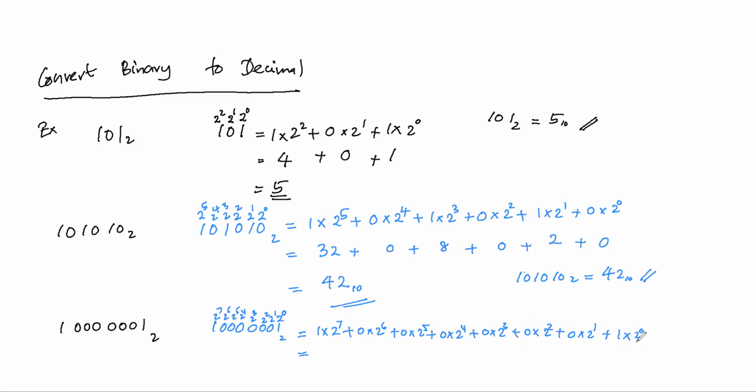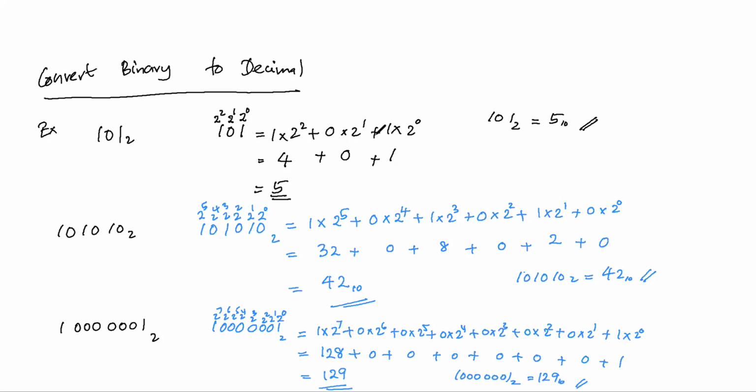We know 1, 2, 4, 8, 16, 32, 64, 128, right? So this is 128, plus 0 plus 0 plus 0 plus 0 plus 0 plus 0 plus 1, which means 129. So 10000001 base 2 means 129 base 10. Okay, good.